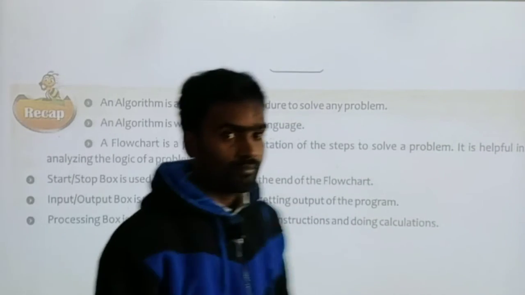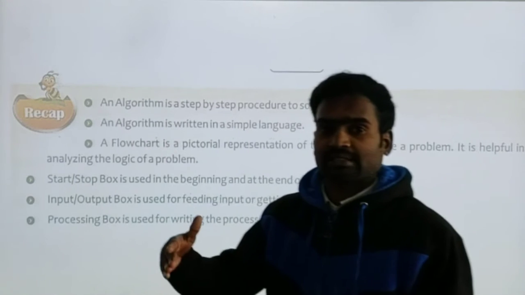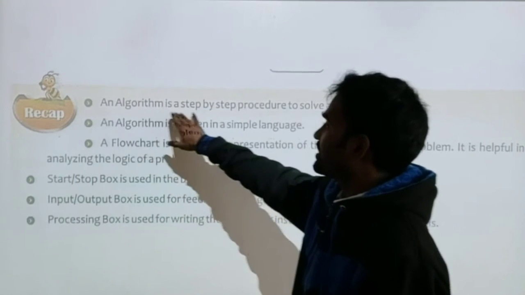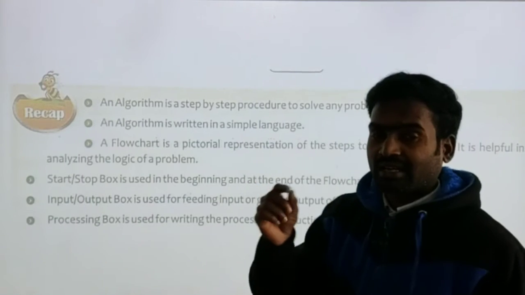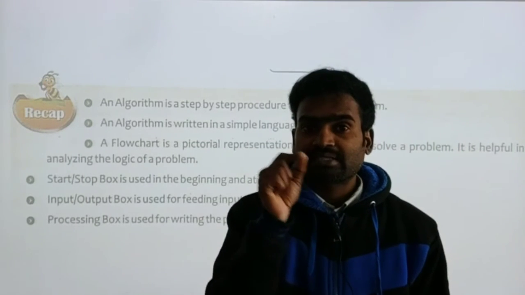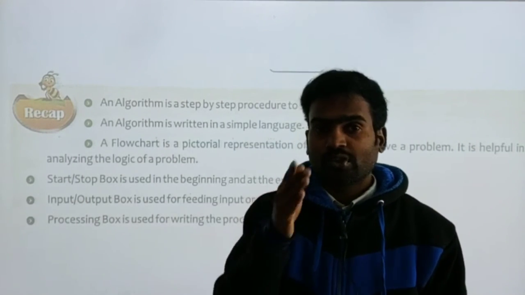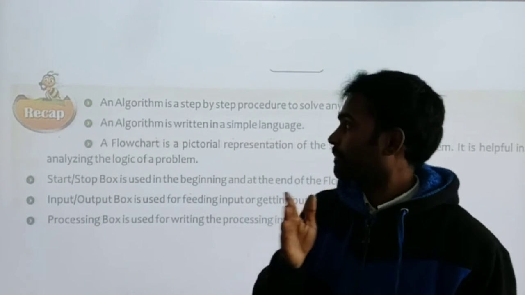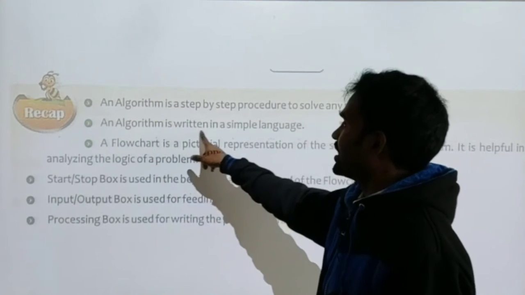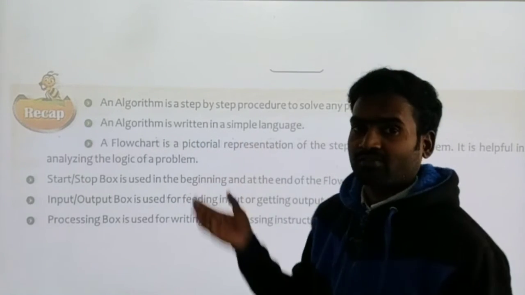Now we are going to end this lesson. An algorithm is a step-by-step procedure to solve any problem. As I was telling, an algorithm is a step-by-step instruction to solve any problem in the computer, and it is written in simple language. It is not a very tough language.